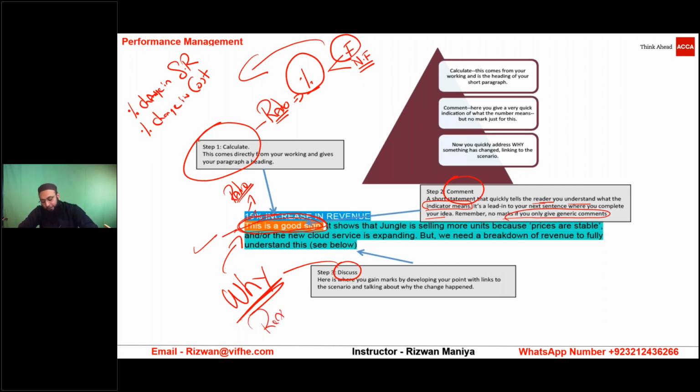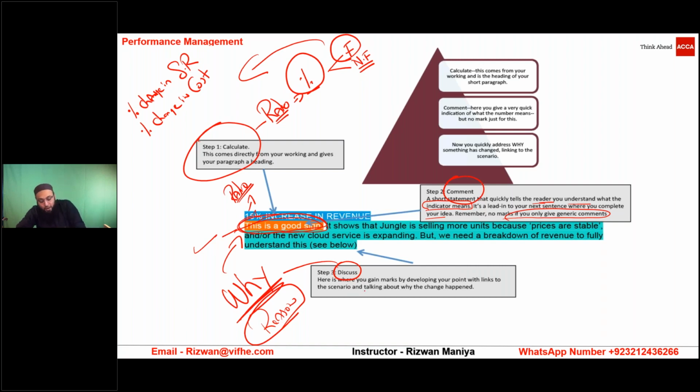If the revenue has increased, tell the reason why it increased by 15%. If the cost has gone up, tell why the cost has gone up. If the advertisement cost has gone down, tell why it has gone down. If the number of customers has increased, tell why it has increased. So this why is not just for financial ratios, it is also important for non-financial ratios.